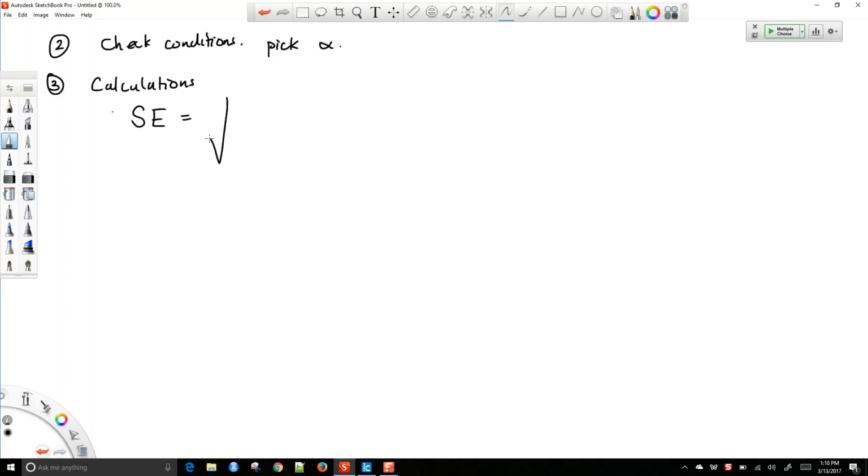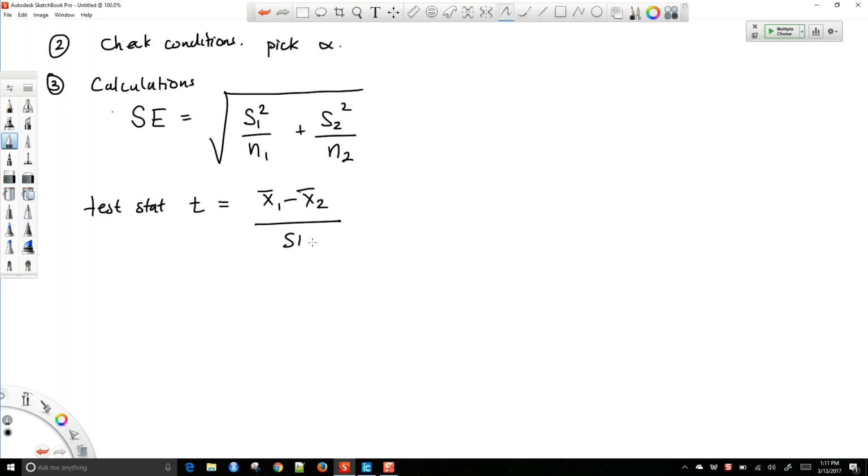The standard error is going to be the square root of s1 squared over n1 plus s2 squared over n2. Then you get your test statistic t, which is x bar 1 minus x bar 2, the observed difference that we got. We ask, is that difference big or small compared to the standard error?